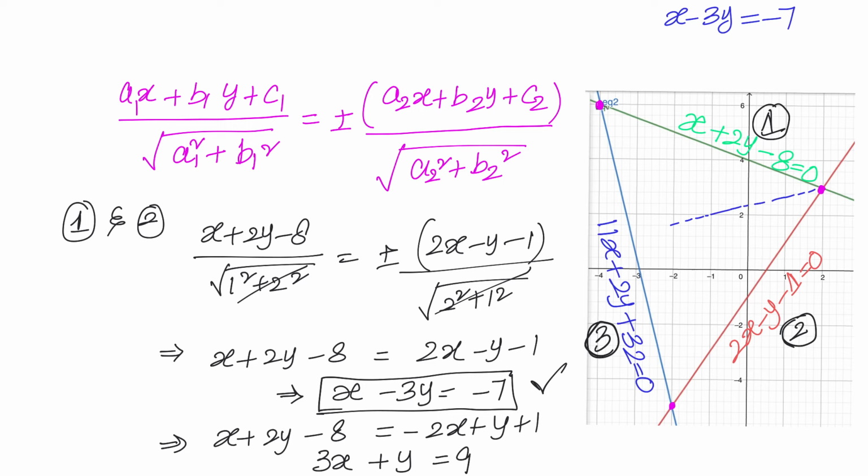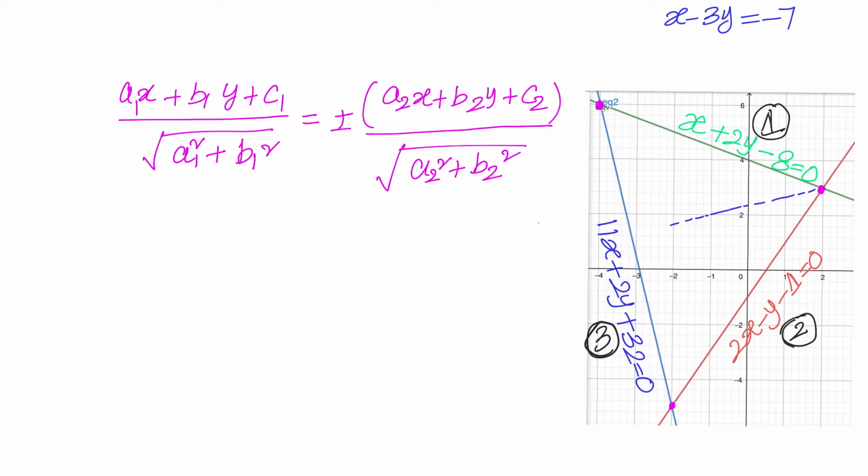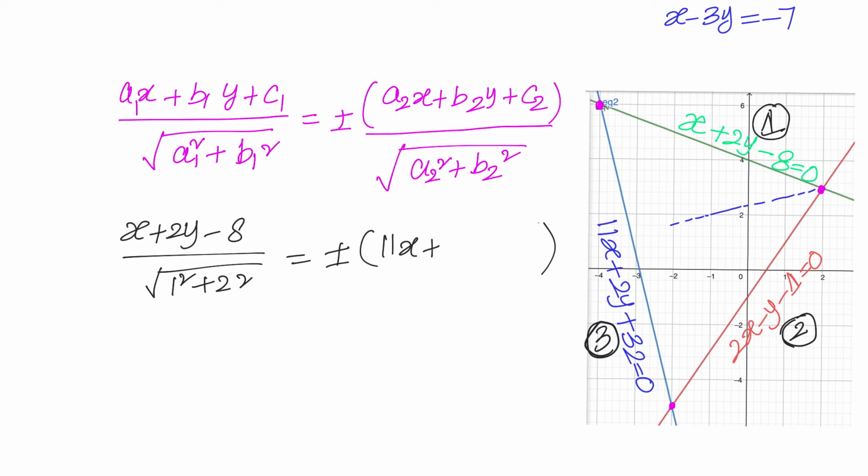For that we will take 1 and 3, and we'll find out another angular bisector. So I will write down (x plus 2y minus 8) divided by square root of 1 square plus 2 square equals plus or minus (11x plus 2y plus 32) divided by square root of 11 square plus 2 square.